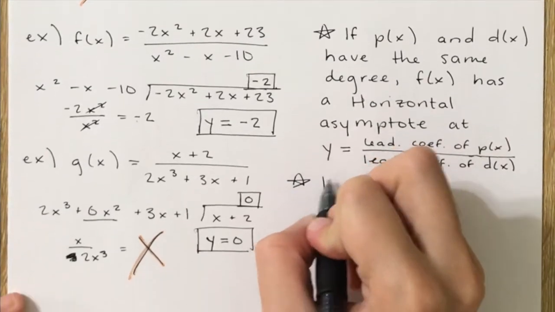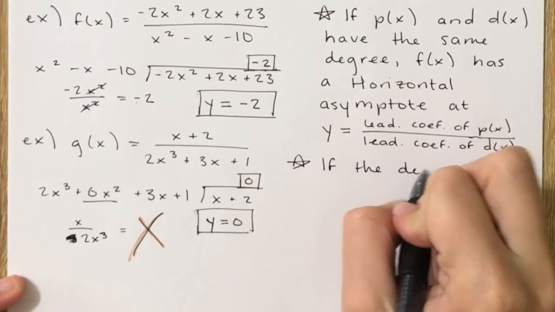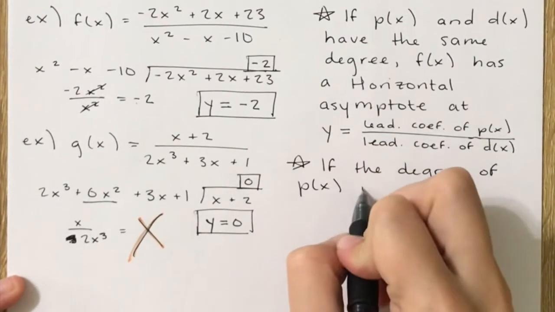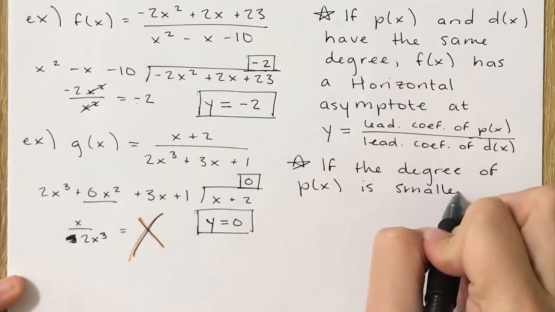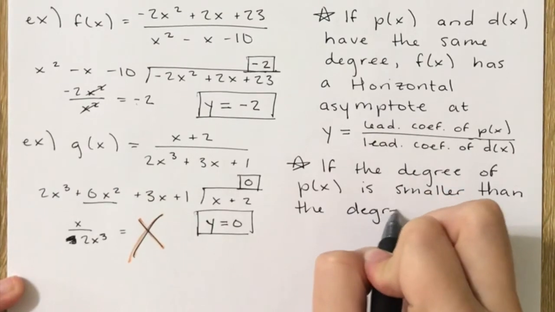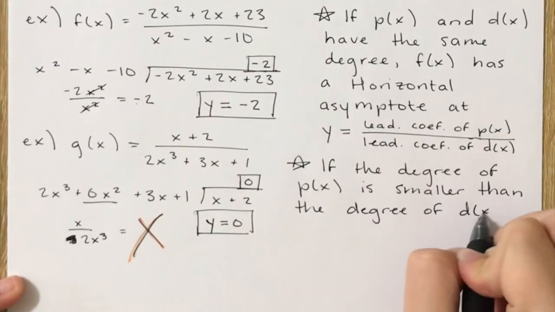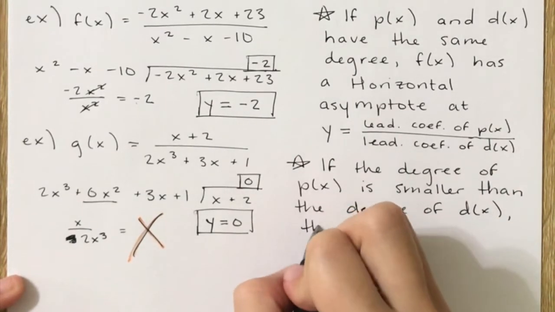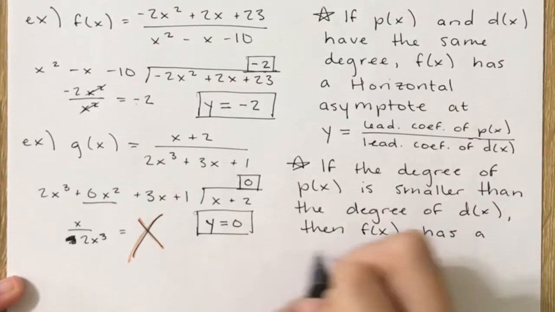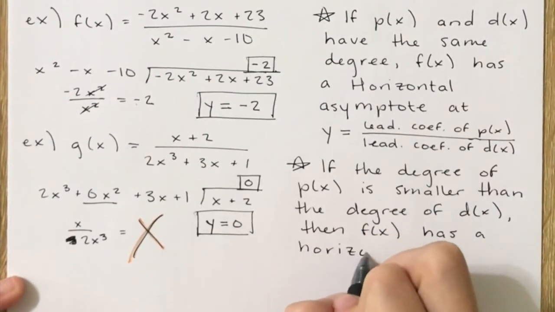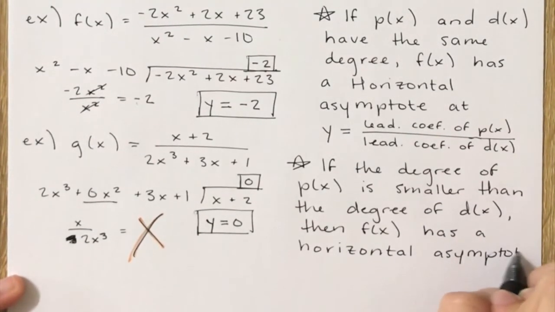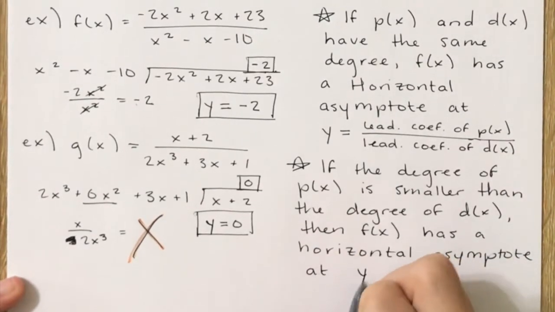So if the degree of p of x is smaller than the degree of d of x, then f of x has a horizontal asymptote at y equals 0.